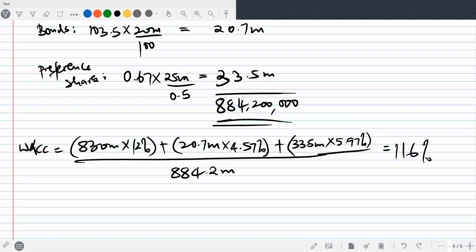Therefore, the cost of capital to this company is 11.6%.